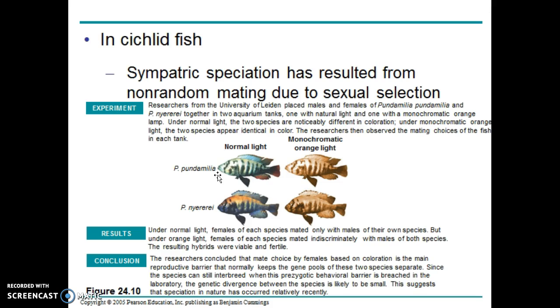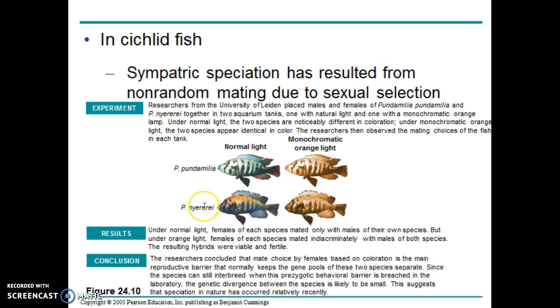That's the only thing that really keeps females selecting that type of male, the coloration. When they mate with the other species, they are able to produce viable and fertile offspring, though. But because they sexually select the males of their own species, they are said to be different species.